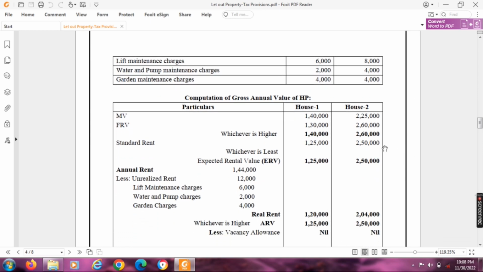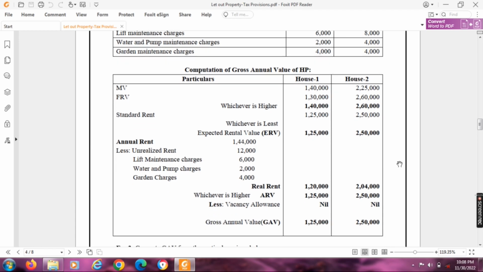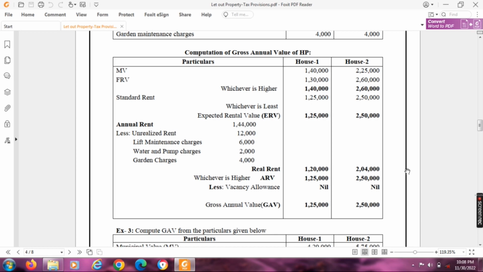So the expected rental value is 1,25,000 for the first house and 2,50,000 for the second house. With that value, we have to compare the annual rent less unrealized rent and other maintenance expenses of the let out property. Actually, I showed here only the first house. In the same pattern, you have to calculate for the second house.